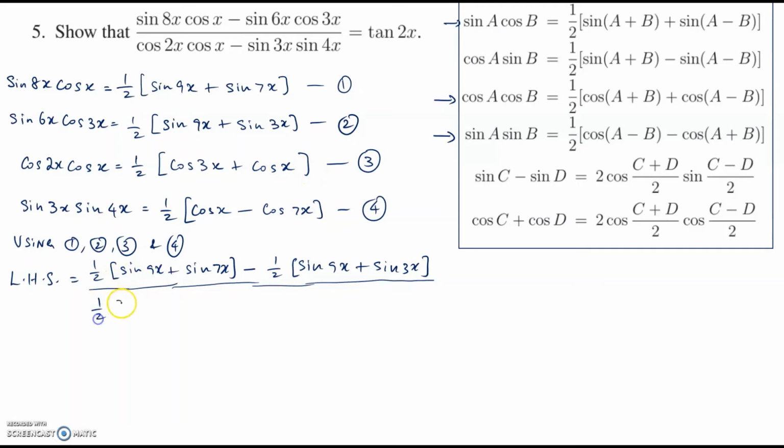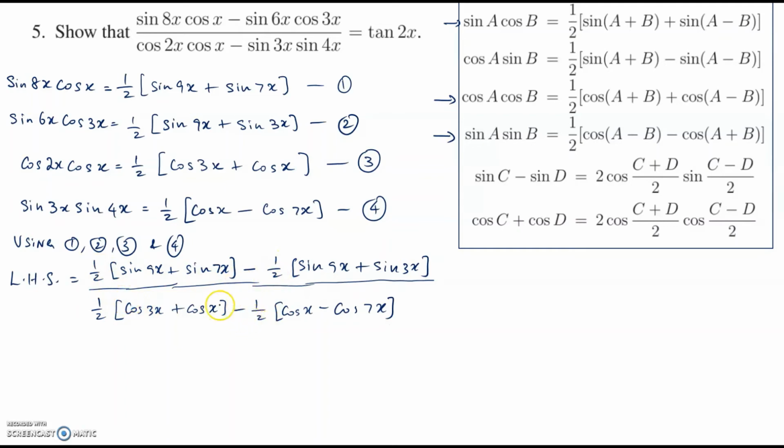This is half of (cos 3x plus cos x), then it's minus half of this expression here, this is (cos x minus cos 7x).